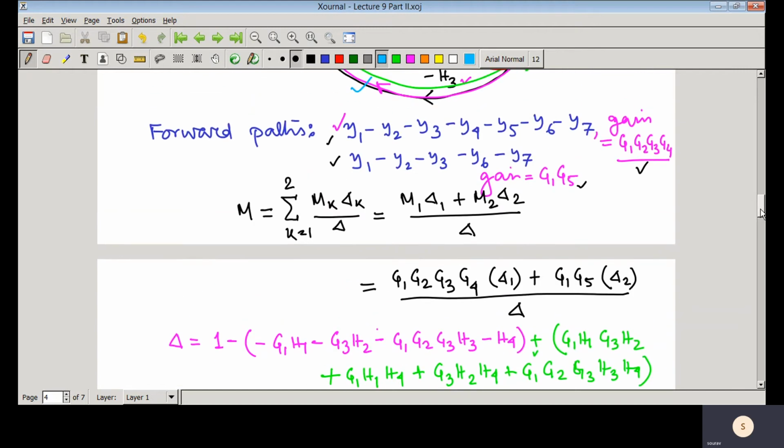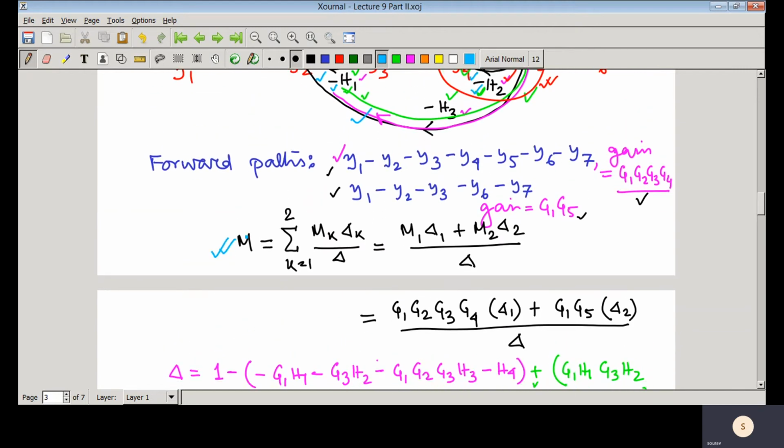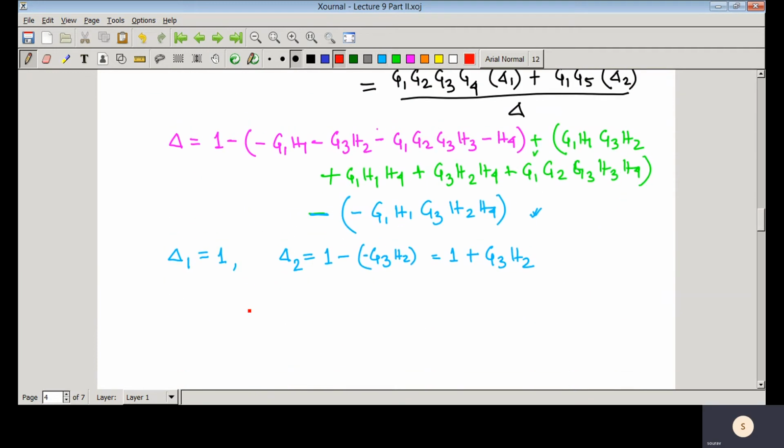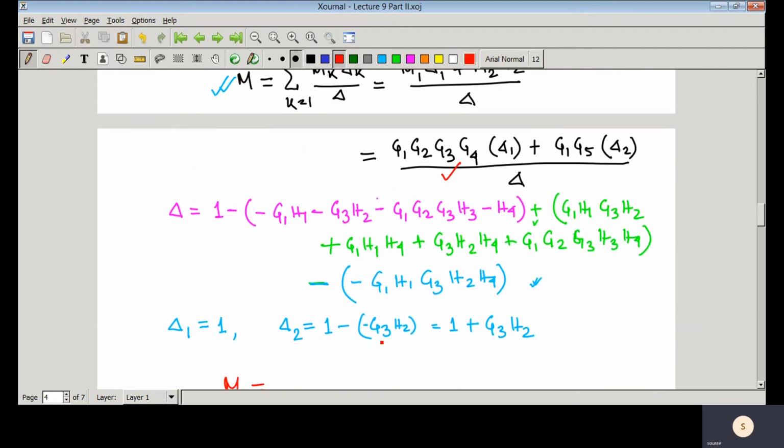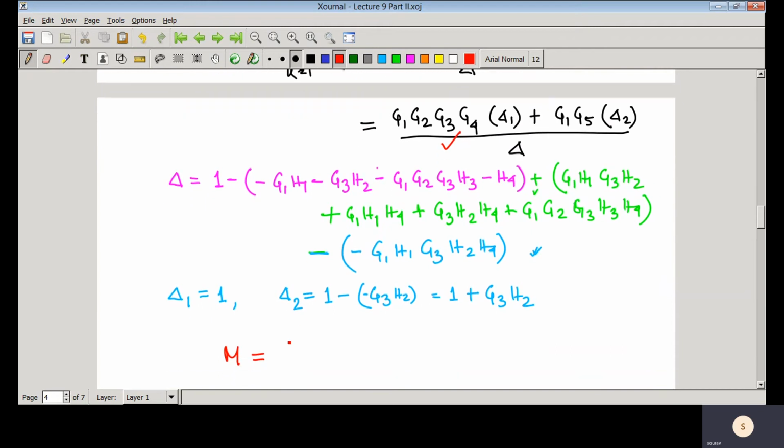Now what is the Mason gain from Y in to Y out? We can write the Mason gain M as G1 G2 G3 G4, the first forward path, times delta 1 equal to 1, plus G1 G5 into delta 2.